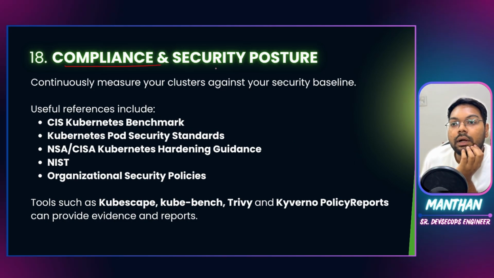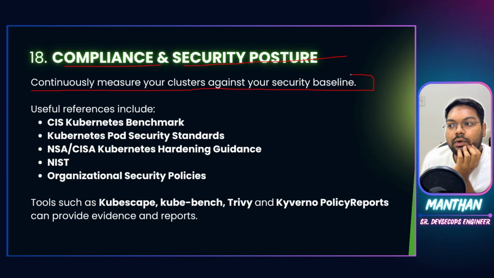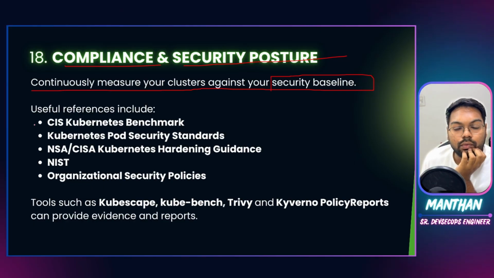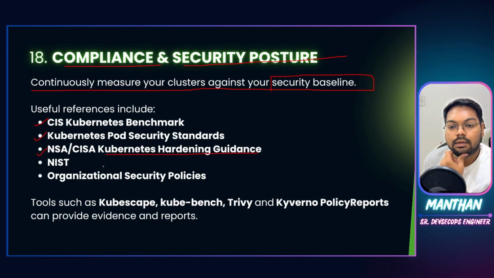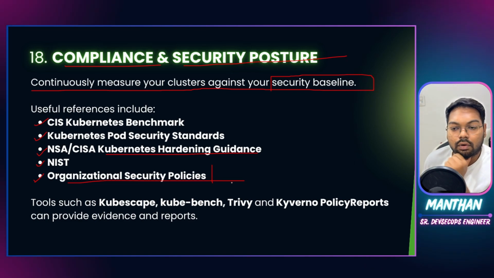So then comes compliance and security posture for your applications. So continuously measure your clusters against the security baselines that you have available online, which is the CIS Kubernetes benchmark or Kubernetes pod security standards or NSA and CISA Kubernetes hardening guidance, NIST, or organizational security policies that you have in your own organization.